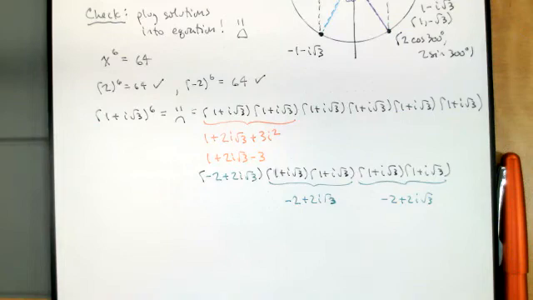If you want to do the plan ahead version of things, go ahead and multiply the -2 plus 2i root 3 times the 1 plus i root 3. And then you'll know what 3 of them is. Then multiply that by 3 more. So that would be a more plan ahead version.